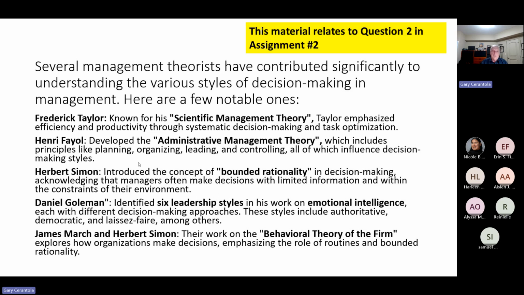And here's a key theorist, Daniel Goleman, talks about not only the 6 leadership styles, but his work on emotional intelligence. And we'll see that emotional intelligence, or EQ, is one of the key recruitment criteria now for modern managers, because it allows them to really understand different ways of getting things done and dealing with people in those particular ways.